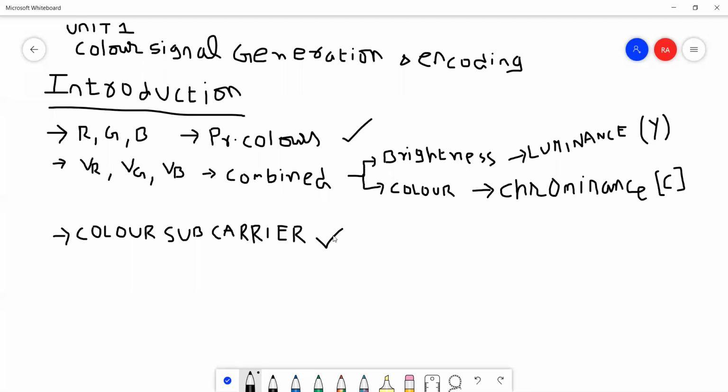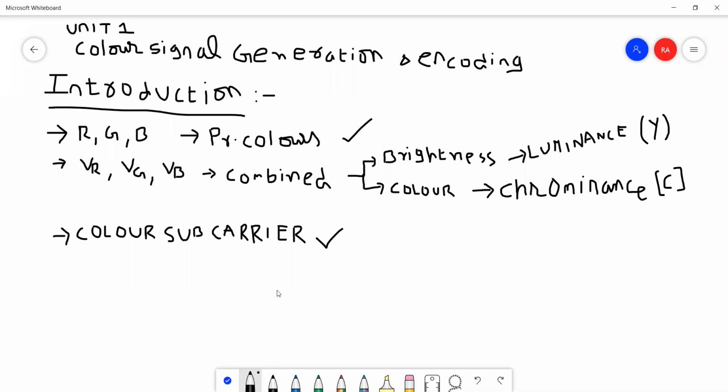This color subcarrier, formed by the chroma signal, is then interleaved at a suitable location in the same channel of width 7 megahertz. So the primary colors red, green, blue, apart from the camera outputs, give brightness, chroma and the subcarrier, which is called the color subcarrier.